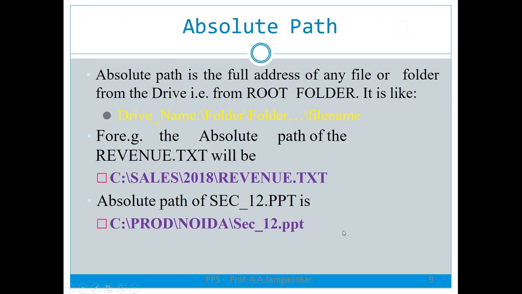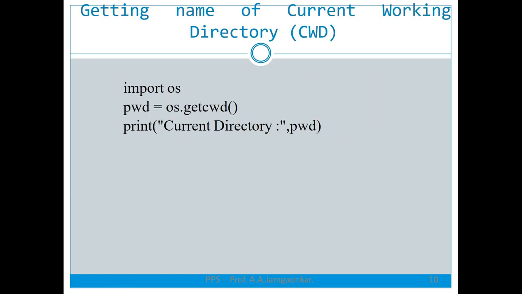Here is one example of an absolute path: the C drive, inside that the prod folder, inside that a second folder, and inside that we store a file as a ppt. Section 12 is the ppt name, and we provide the whole path, which is called an absolute path.